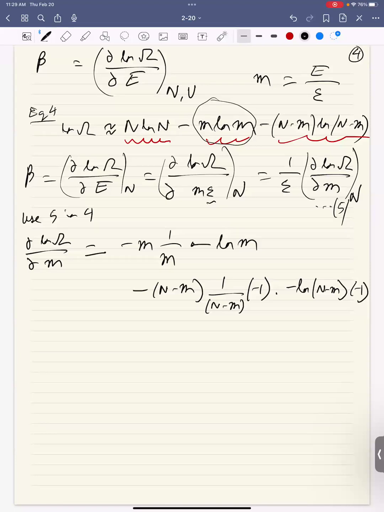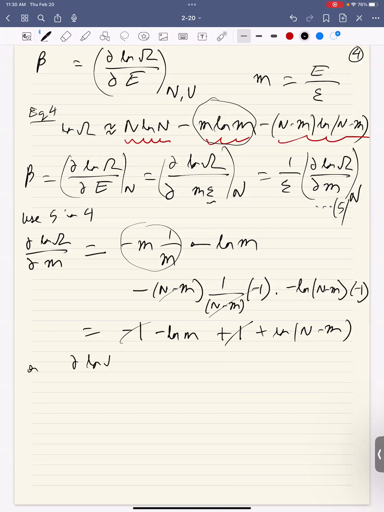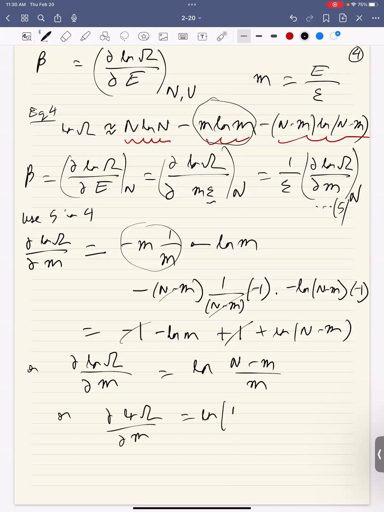So once I get this, this term becomes -1. Then I get minus ln m. This term becomes +1. And then I get plus ln (n minus m). -1 plus 1 cancel, and I get partial ln omega by partial m is equal to ln of (n minus m) by m, or partial ln omega by partial m is equal to ln of n by m minus 1.